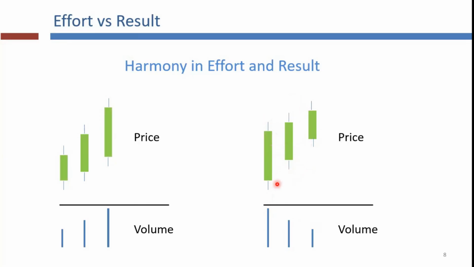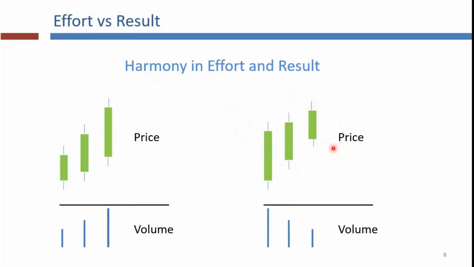Here you can see that the range of the candle is decreasing and volume is also decreasing. That is, effort is decreasing and so is the result. So in this case, even if there is harmony in effort and result, we have to take note that buyer's interest or demand interest is decreasing over a period of time.